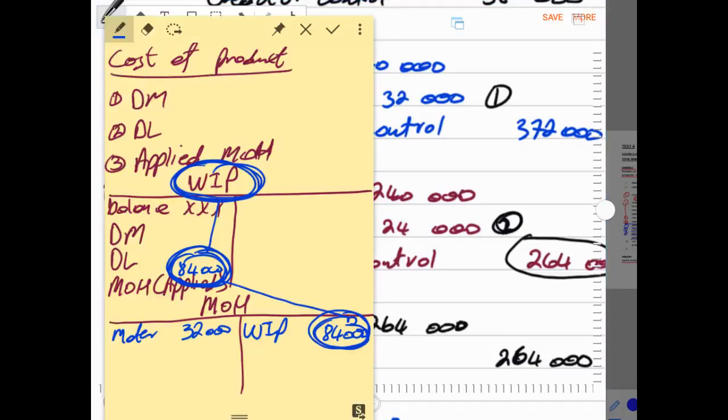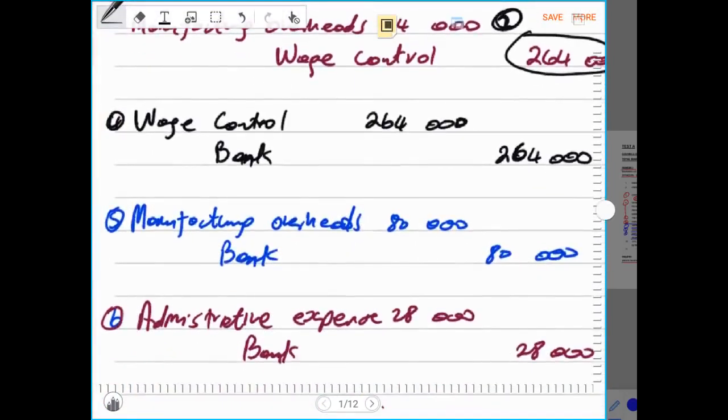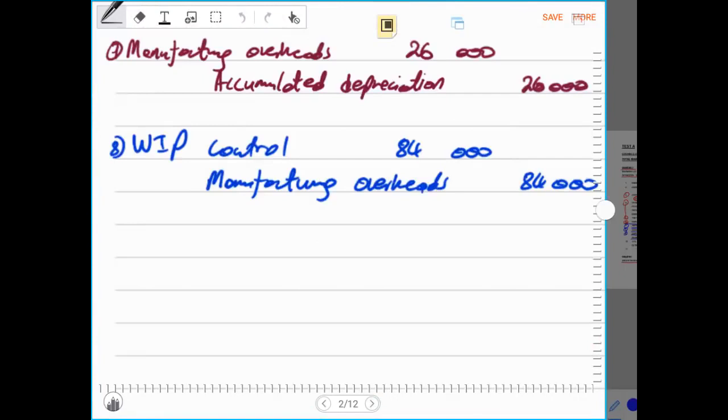So now, meaning in the ledger account, we should have recorded 24,000 rands, and that could have been wages control. Then after, we look for another manufacturing overhead that was recorded on the debit side. Then there is nothing so far up to this page, and we go to the next page. In the next page, we had manufacturing overheads that was debited by 26,000 rands, which was a depreciation.